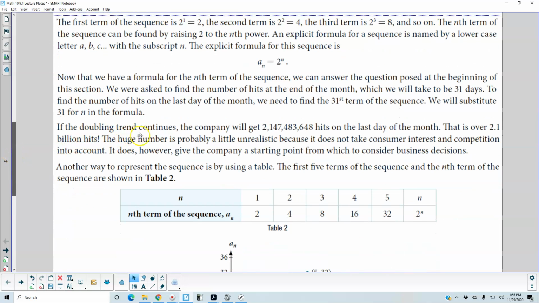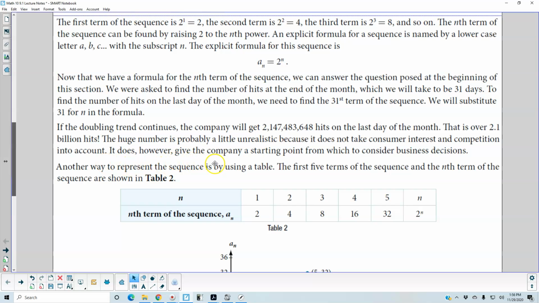Now, if the doubling trend continues, the company will get 2,147,483,648 hits on the last day of the month, and that is over 2.1 billion hits. This huge number is probably a little unrealistic because it does not take consumer interest and competition into account.